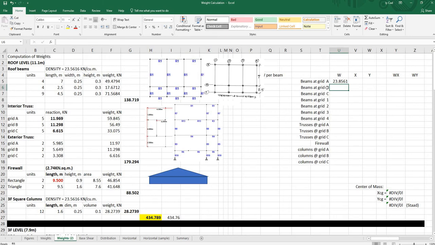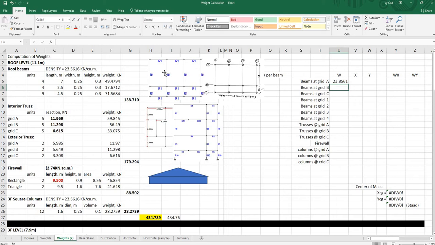And then eto, x and y, eto yung centroid nung beam at grid A. Okay, take note that the beam at grid A, iisang section lang yan, kaya buong beam na yan, which is 4.5 times 3.